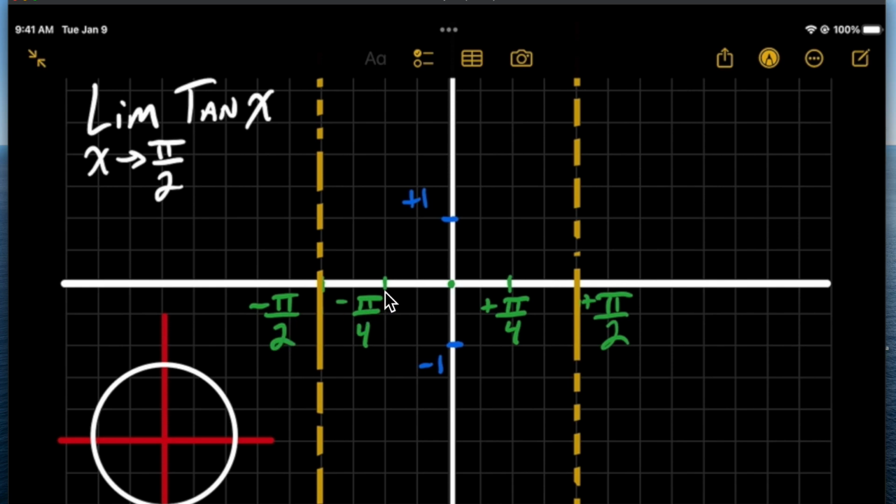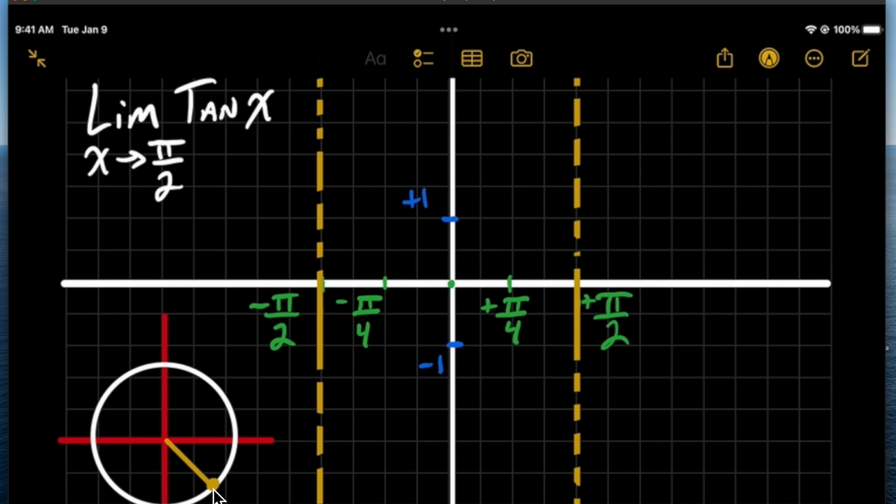Okay, what is our tangent value at negative 45 degrees, which is negative pi over 4 radians? That's going to put us right here. And we could see that at this point on the unit circle, we're going to be at positive square root of 2 over 2 for the x value and negative square root of 2 over 2 for the y value.